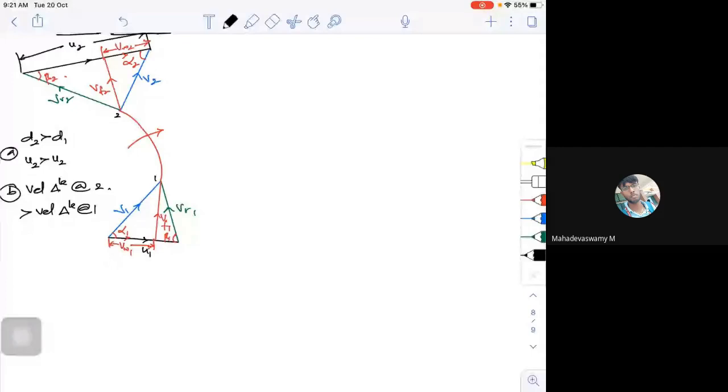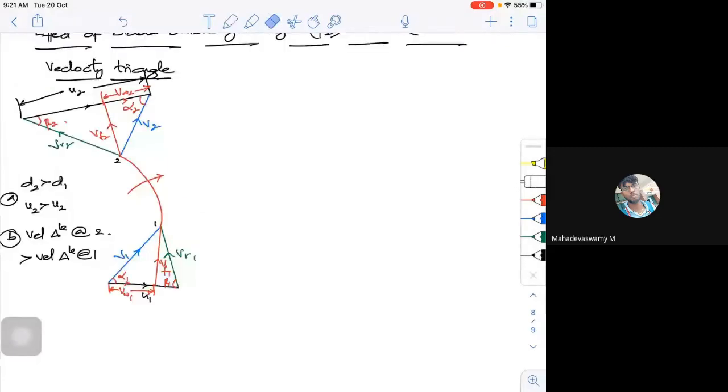Suppose VW1 is equal to 0 for a condition. How will my velocity triangle look for that condition if I try to draw? So this is my blade. If I try to draw the velocity triangle for that, it will be a simple right angle triangle at the inlet.